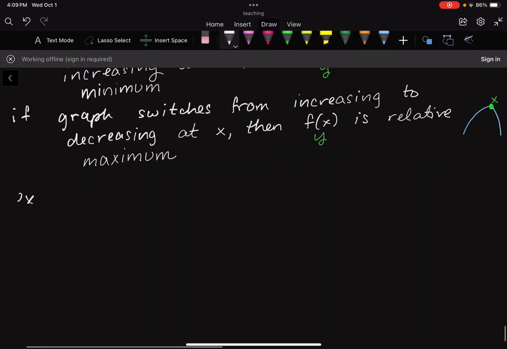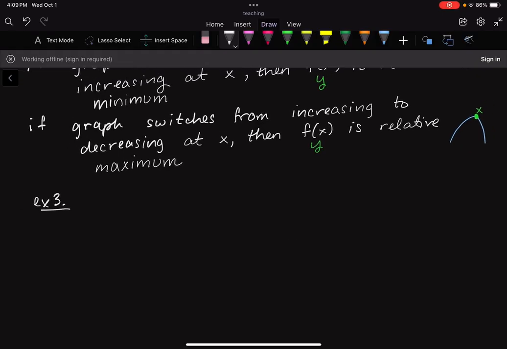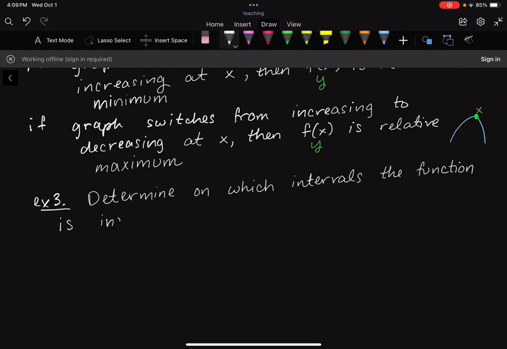So example 3. I'm going to add this into my notes. I can't believe I didn't. It says determine on which intervals the function is increasing, decreasing, and constant.